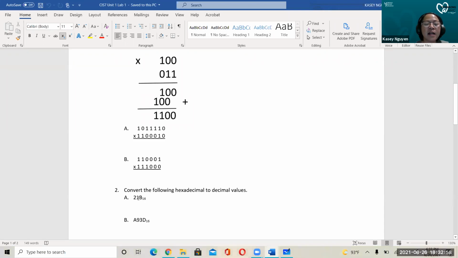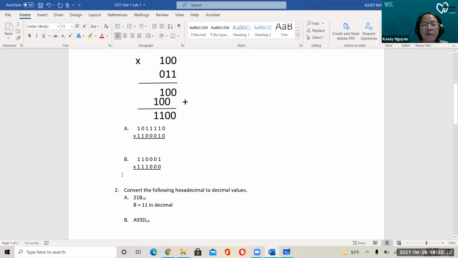So you are going to start with the most right digit, which is a B. And I know that a B is equal to 11 in decimal, right?